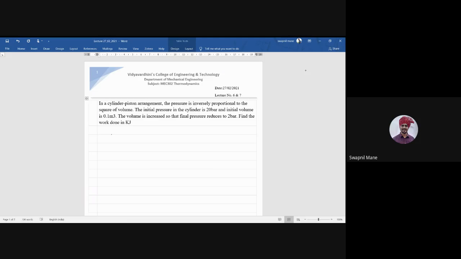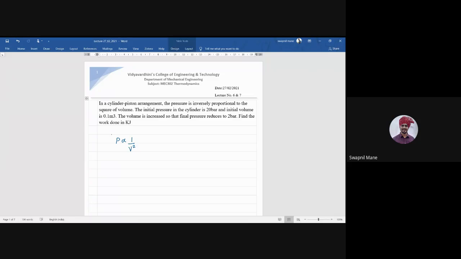I will read out the question. In a cylinder piston arrangement, the pressure is inversely proportional to the square of the volume. Pressure inversely proportional to square of the volume is given.